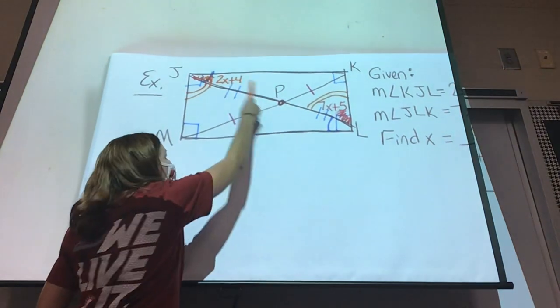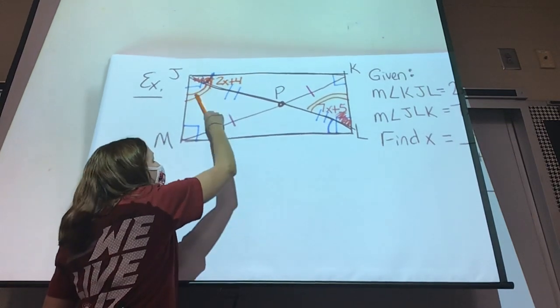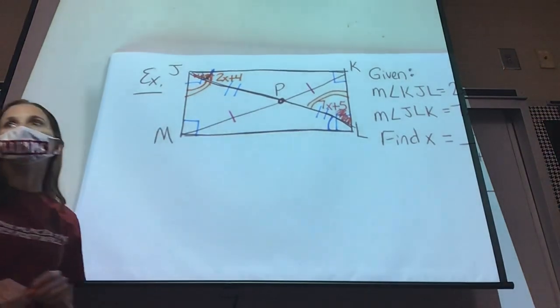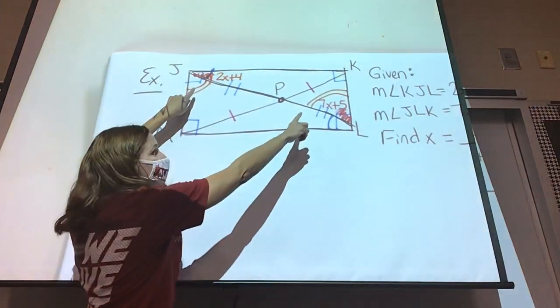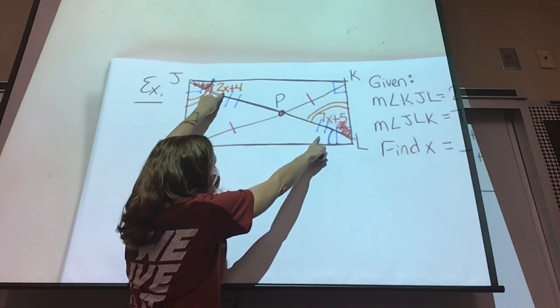So these two are on opposite sides, so they are congruent. These two are on opposite sides, so they are congruent. So what does that mean then? That means they're both at an equal value. These two would be the same. These two would be the same.